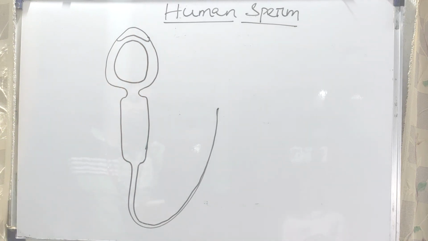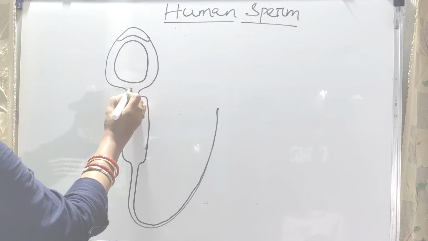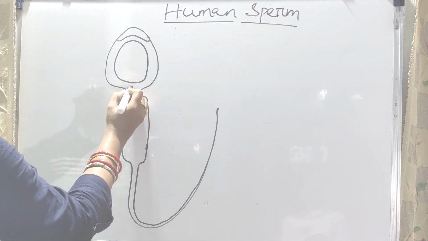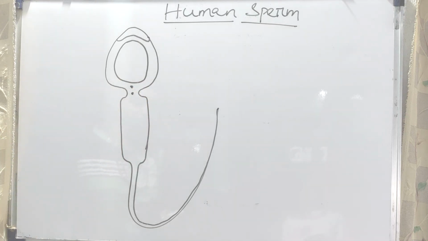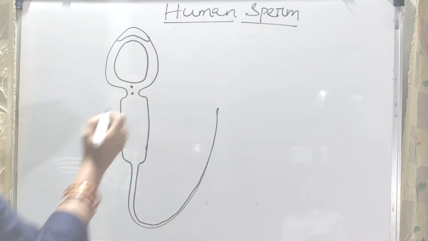In the neck region are present the two centrioles. In the middle piece are present the mitochondria, spiral mitochondria.